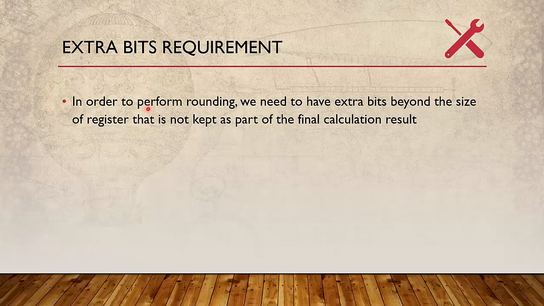So if you realize, just now, in order to perform rounding, we need to have extra bits beyond the size of the register that are not kept as part of the result. Meaning, in our calculation, we produce a few extra bits, but in the reporting of the result, we don't report those extra bits. Those extra bits are used for rounding purposes.